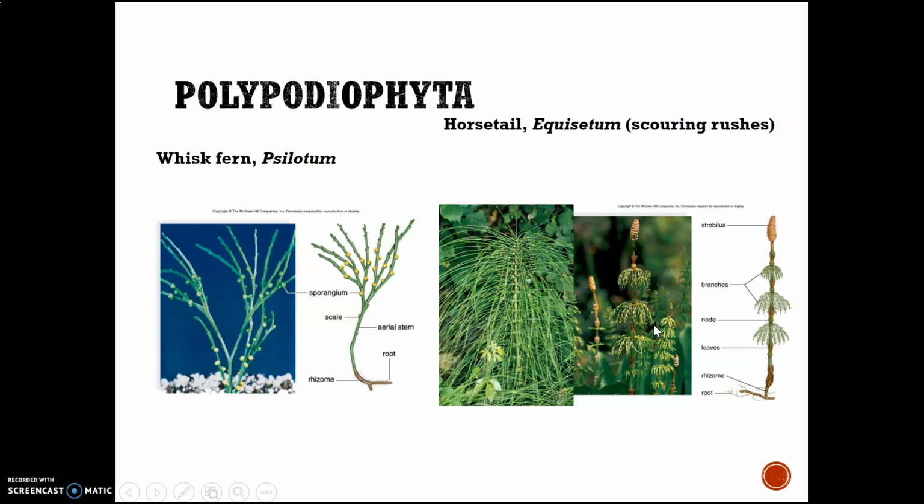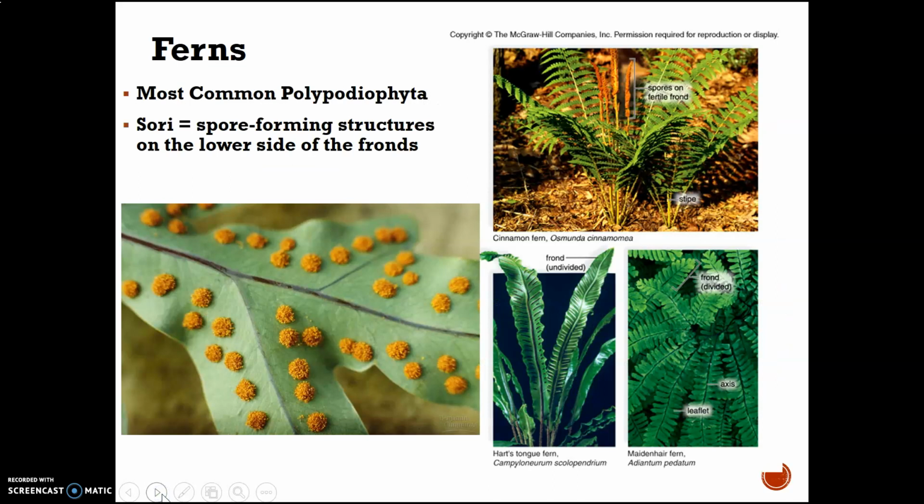They're called that because they will actually accumulate silica in their cells, and that is basically sand, or you can even think of it as biological glass. It makes them very difficult to eat by herbivores.